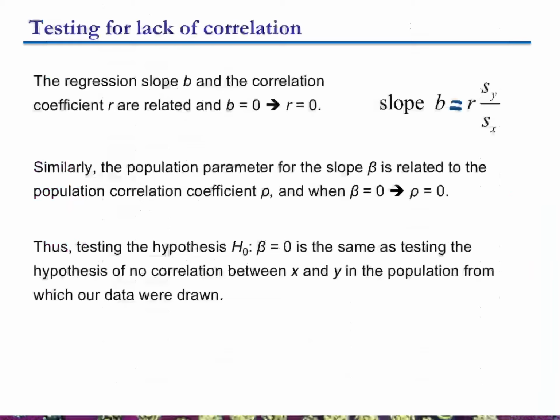All right, so when we're doing statistical inference for linear regression, where we're testing whether or not our slope is equal to 0, what we're really doing is testing for a lack of correlation. Back in chapter 3, we talked about the correlation coefficient, R, which was a measure of the strength of the relationship between an x and a y variable, an explanatory and a response variable.